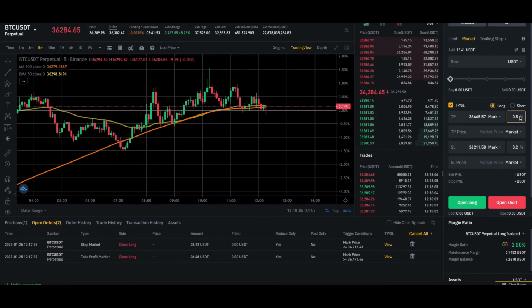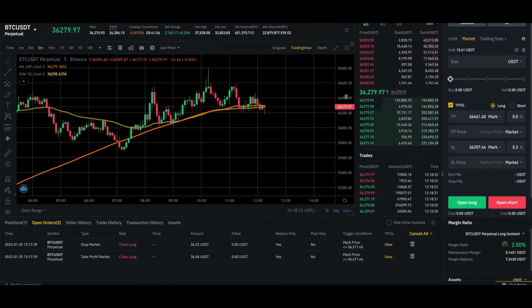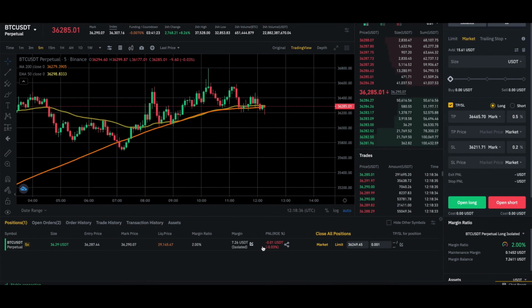We put in a stop loss and a take profit, and it's put in orders to cancel each other: either taking the profit when it gets to 36,471, so up here, or closing it and taking the loss so that it doesn't go any further down than wherever it was down there. So it's worth noting that's how that works.